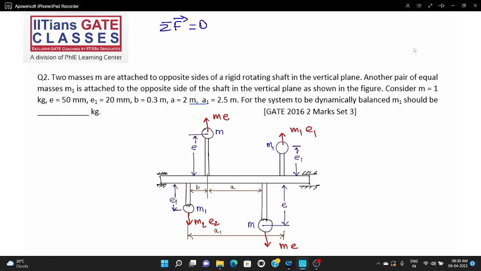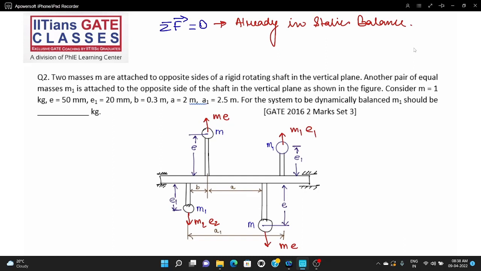So the system of masses is already in static balance.